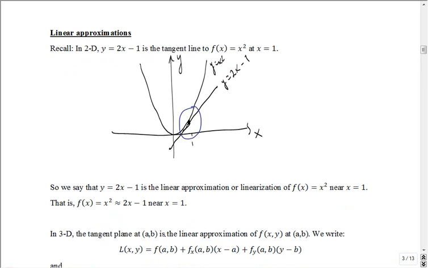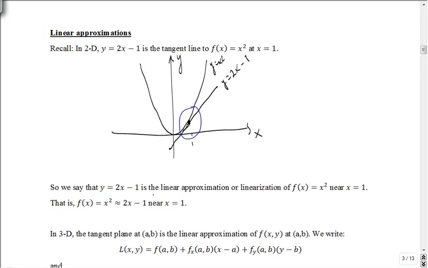So if somebody wanted to calculate x squared where x equals, say, 0.9999, something like that, without a calculator, instead of squaring 0.9999, I could just substitute it into 2x minus 1. Why? Because 0.9999 is close to 1, right? And the two of them are almost the same near 1.